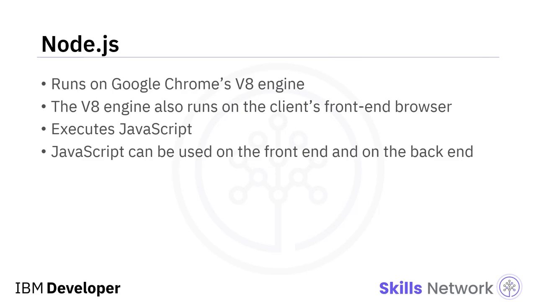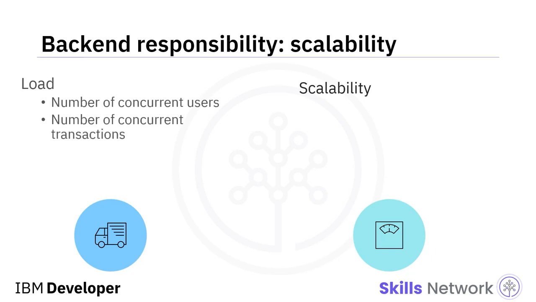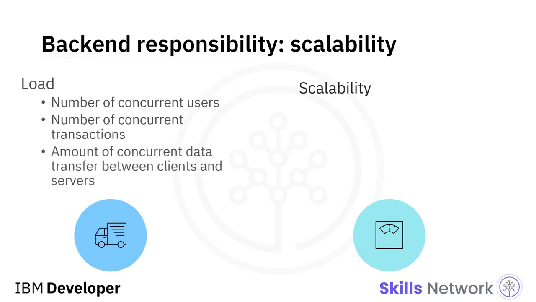Another issue back-end developers need to be concerned with is scalability. Scalability is essential for enterprise software success and is the responsibility of the back-end, which is affected by the load on an application. Now, load refers to the number of concurrent users, the number of transactions, and the amount of data transferred back and forth between the clients and servers.